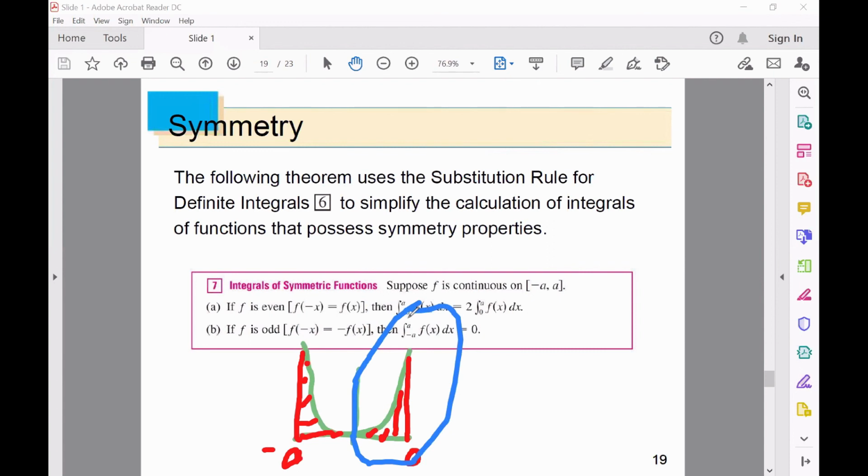That's why integral between minus a and a f of x dx is equal to twice the integral between 0 and a f of x dx, if we have an even function.